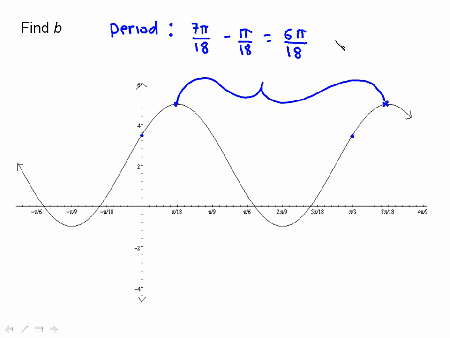And if you simplify that, you'll get pi over 3. Of course, that's not our answer yet.